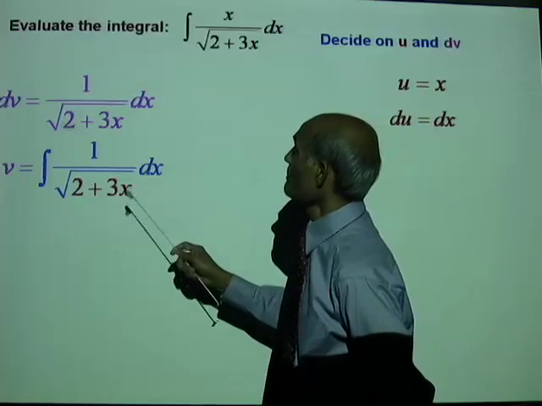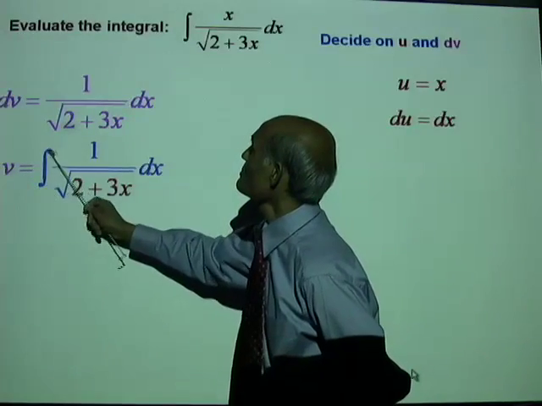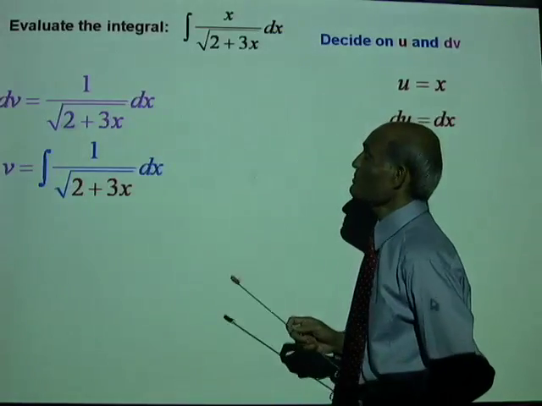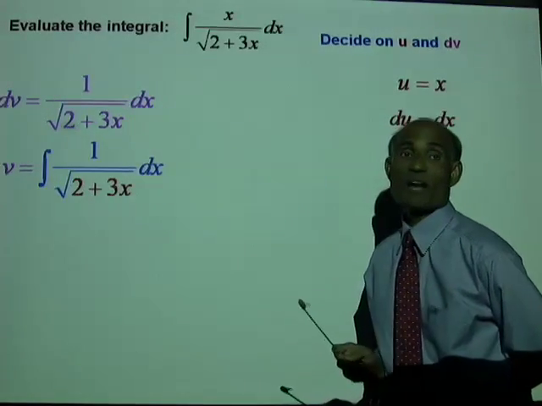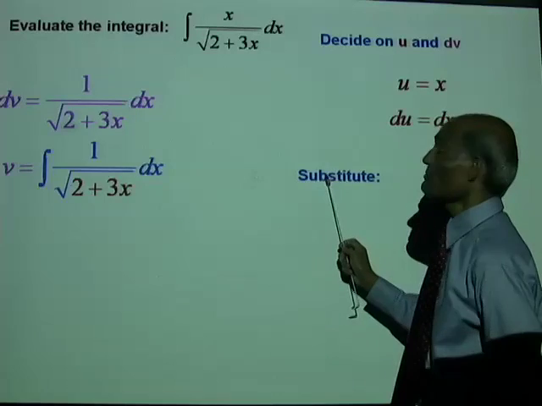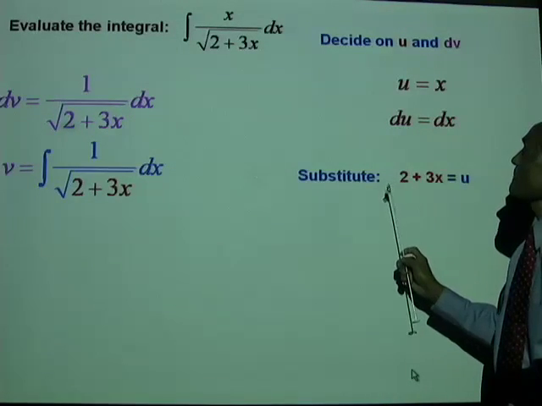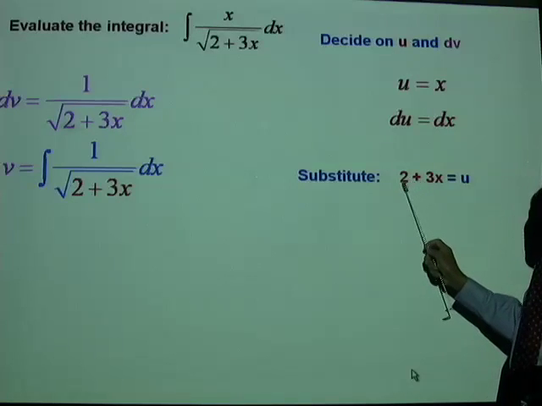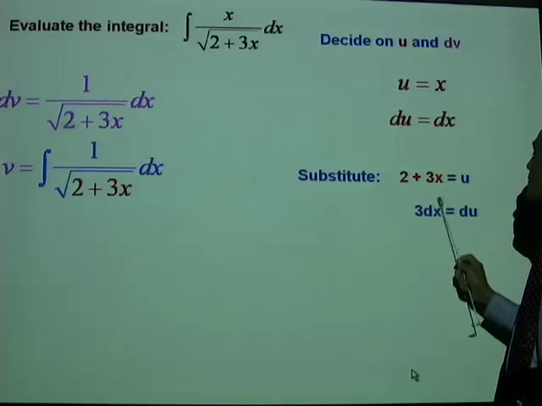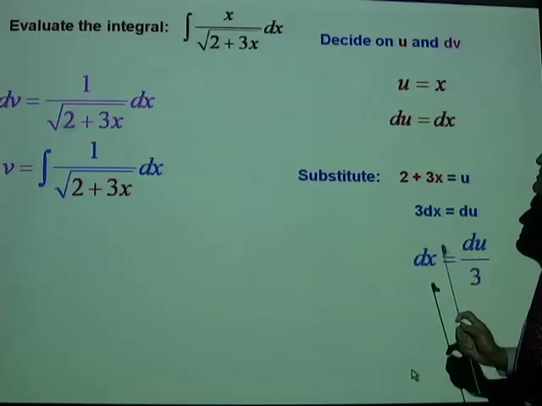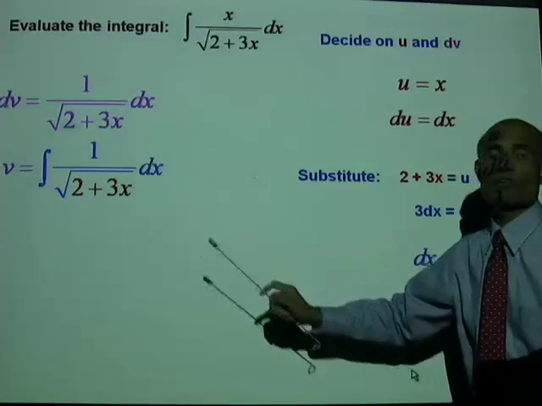Alright, so we have v equal to integral 1 over square root 2 plus 3x dx. And I have colored 2 plus 3x, which means substitute 2 plus 3x equal to u. And that will give you the differential 3 dx equal to du, or dx equal to du over 3, and bring it over there.